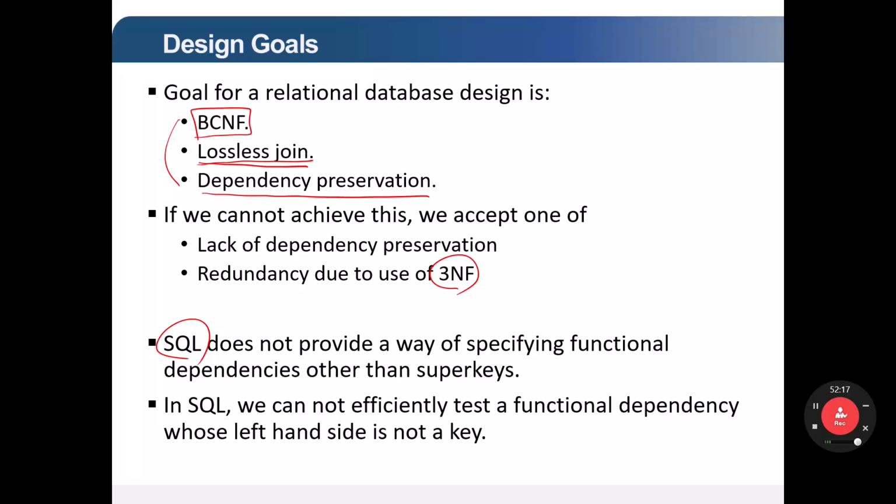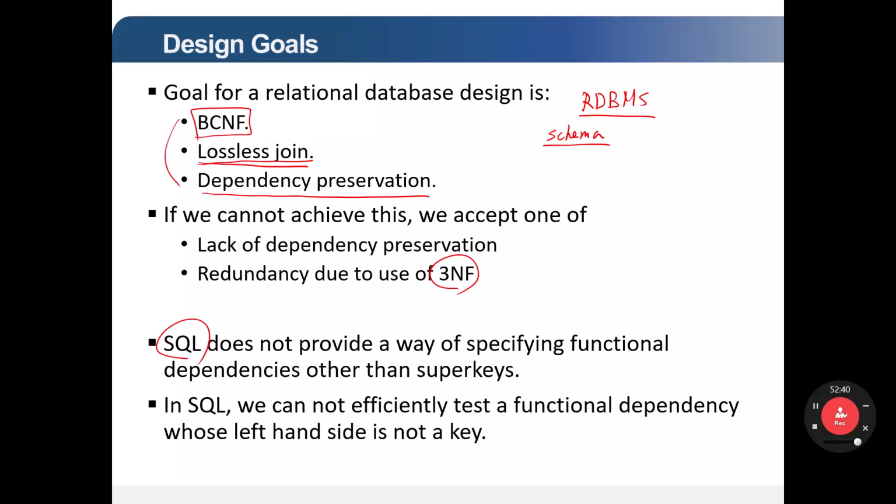And nowadays, this normalization theory is not as important as in the past. So in the past, when you developed applications using a relational DBMS, you were responsible for everything. So you could design the database table schema.